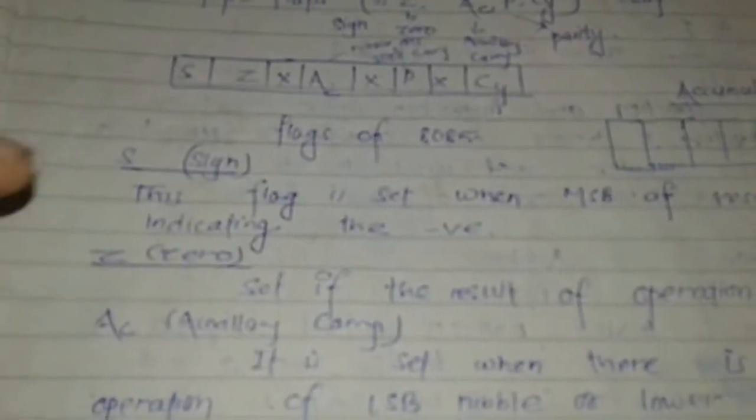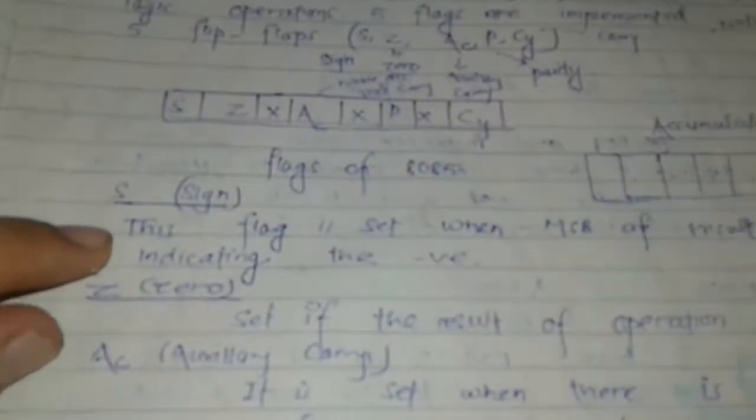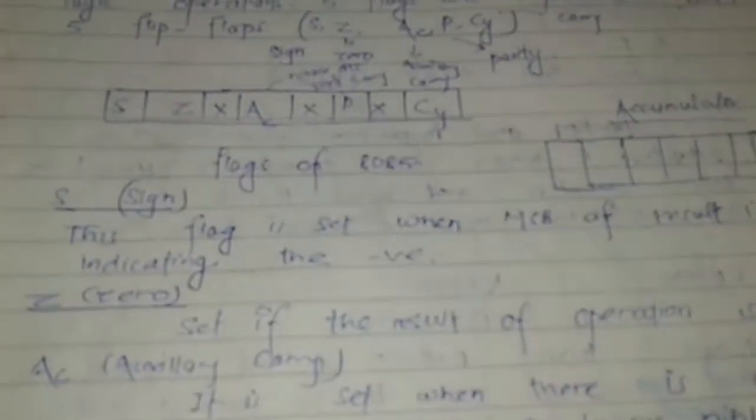So for that we need a sign. We cannot say directly the negative value, so we have to say it was a 1, and we will put the sign.